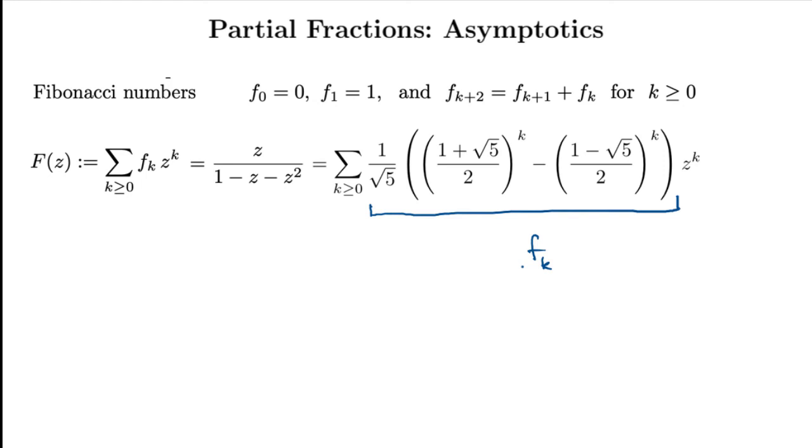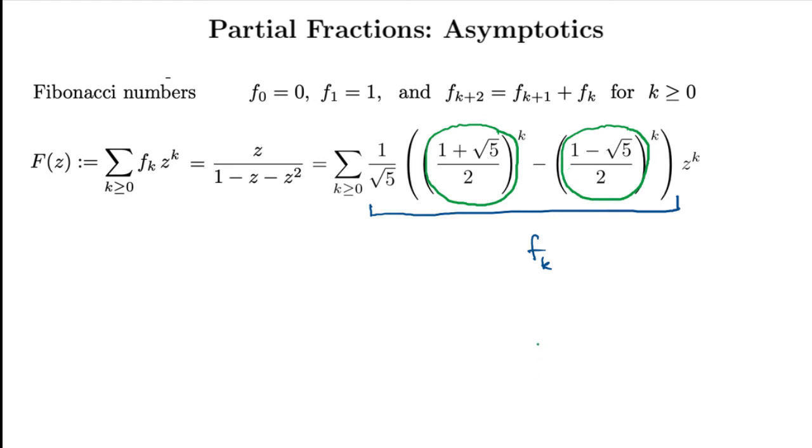So this is a famous formula. But the reason why I wanted to point this out is this partial fraction in this case gives you a very nice approximation, namely, up to the constant 1 over root 5 up in front, you have 2 terms. So one term is here that we take to the kth power, that's the golden ratio, and the other term is sort of the conjugate of the golden ratio over here.